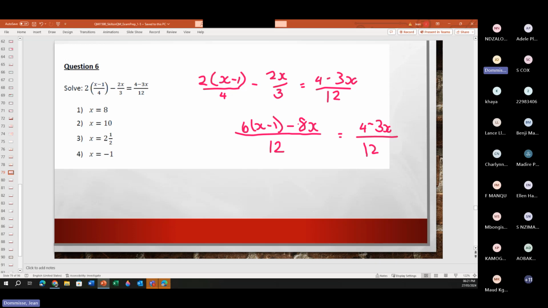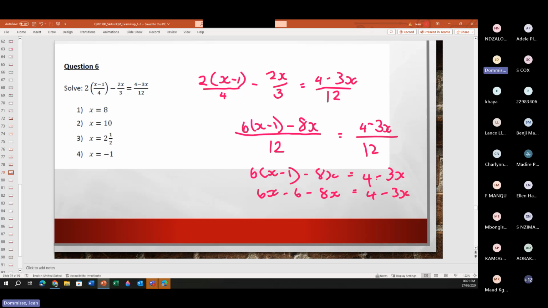So now, because everything is on 12, we can rewrite it as 6 times x minus 1, minus 8x, is equal to 4 minus 3x. So we've got 6x minus 6 minus 8x equal to 4 minus 3x.